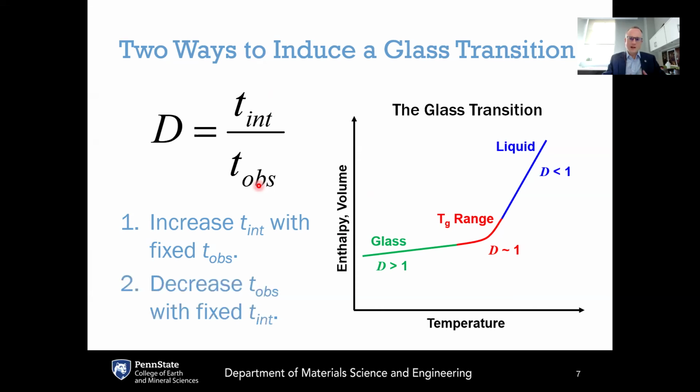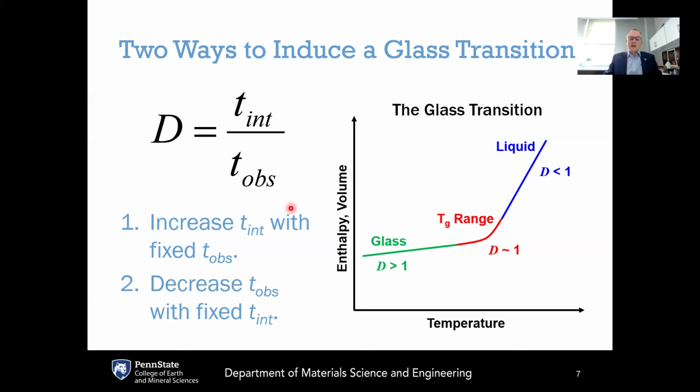However, if you take that same liquid at the same temperature and you start perturbing it at higher and higher frequency, as you increase the frequency of that perturbation, eventually the Deborah number is going to go through 1, because at higher frequencies the time scale of observation is lower. And so the Deborah number will pass through unity as a result of lowering the denominator instead of increasing the numerator.